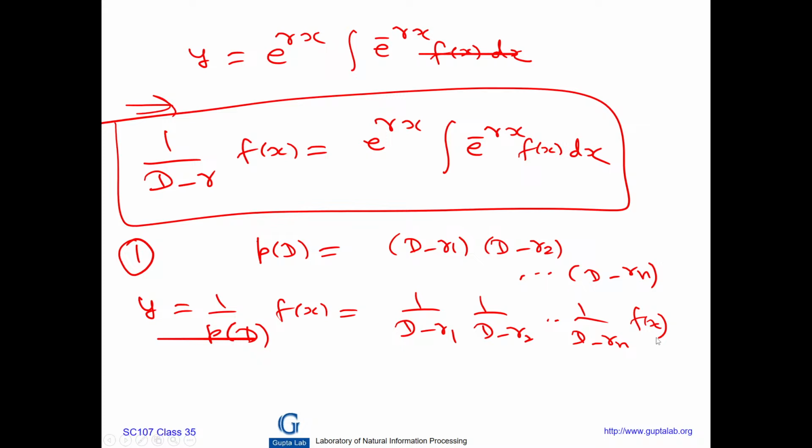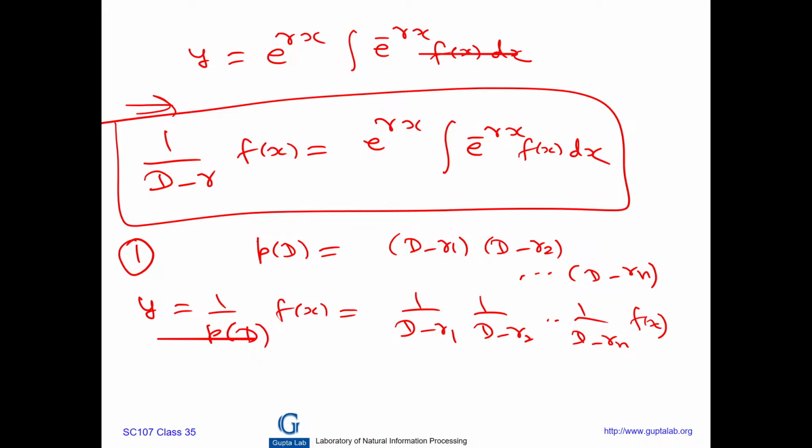So what I am going to do now is take f of x, apply 1 over d minus rn by that formula which I have written. You get some value, that is a new f of x, then operate this, and one by one you can keep on doing this until you exhaust everything. That way you can calculate.